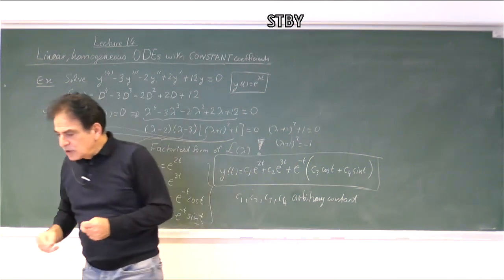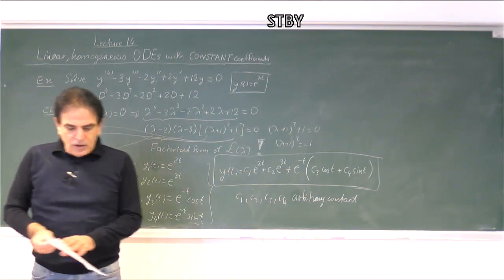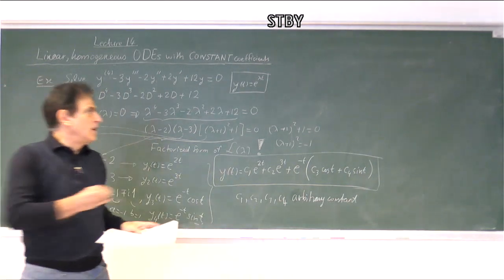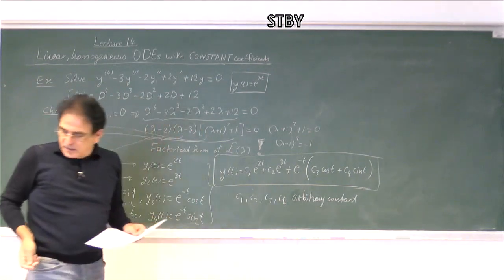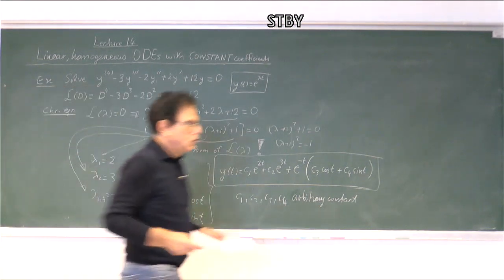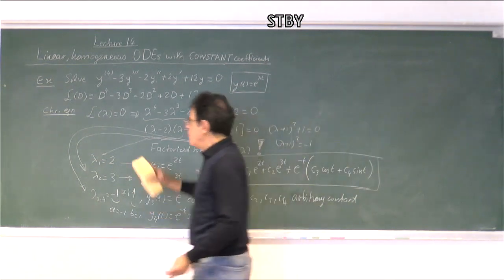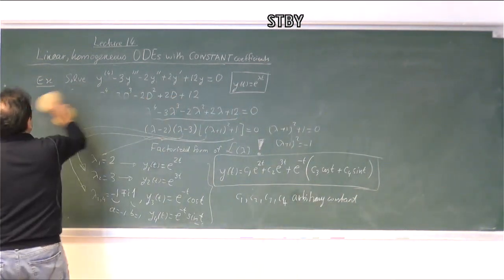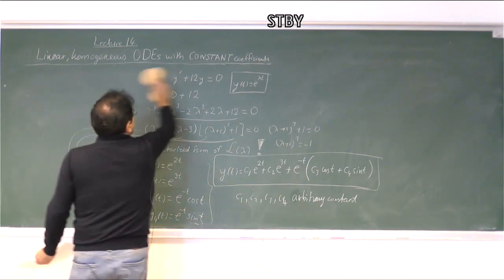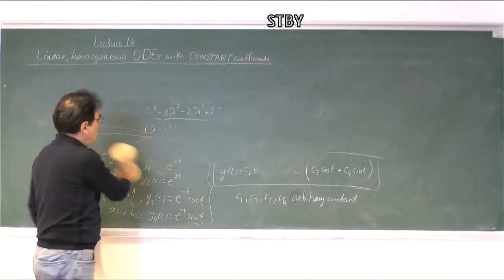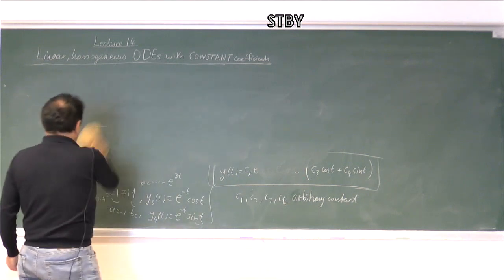Now, let's consider the third case where the characteristic equation has repeated real roots, but the result we get will be valid for repeated complex roots as well. Let us state the result first for repeated real roots.